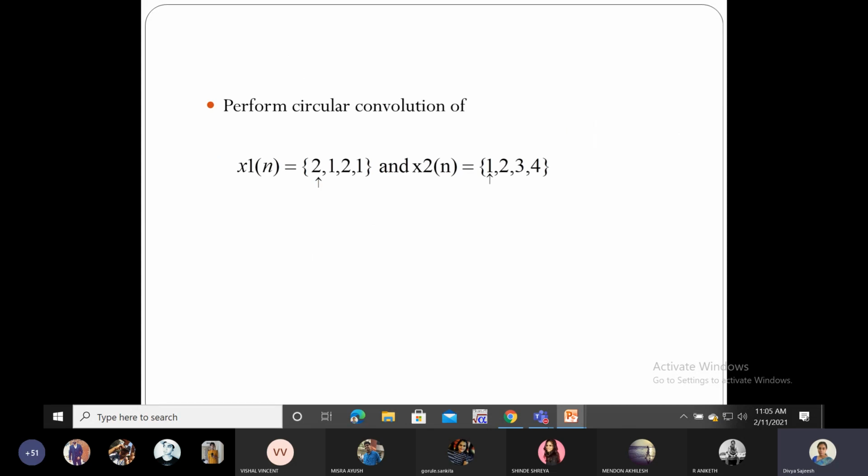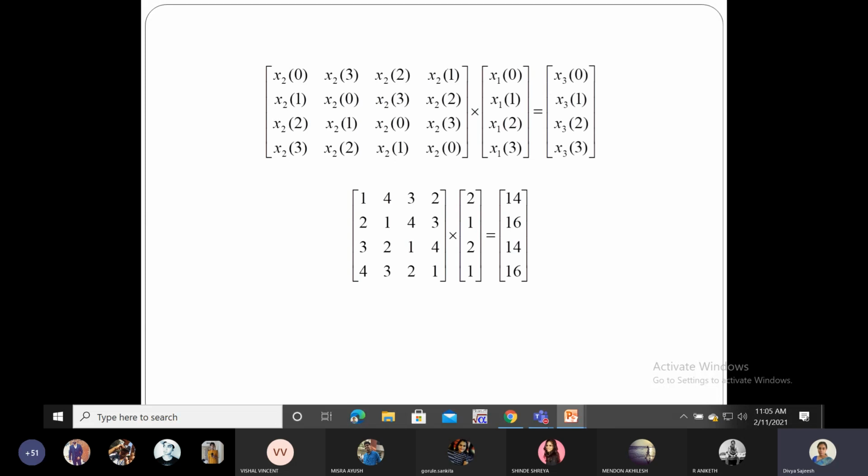So let us take an example, x1 of n and x2 of n. x1 of n starts from x1 of 0, whereas x2 of n also starts from x2 of 0. So the elements of the sequences start from the origin in both cases. Now x2 of n will be written in the first matrix.